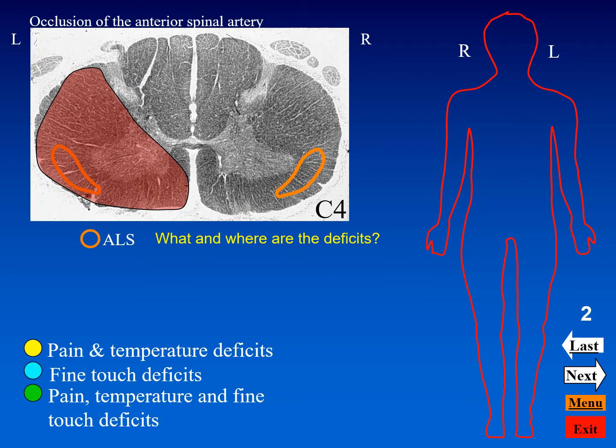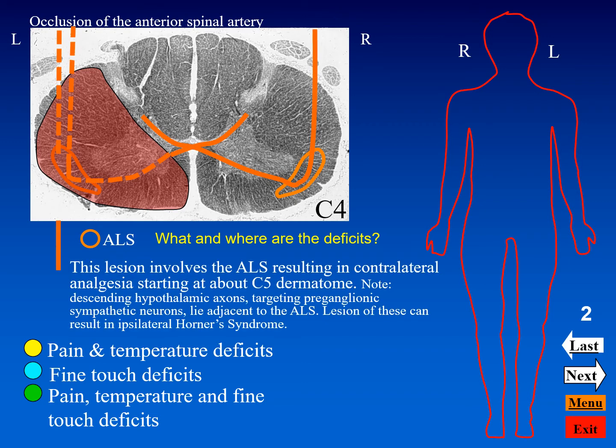So here's our lesion, and the area where it is found certainly impacts the anterior lateral system, or the spinothalamic tract, on the left side. That particular spinothalamic tract is receiving axons of neuron 2 that have decussated and started to ascend.